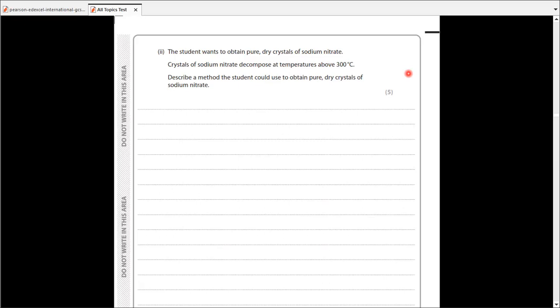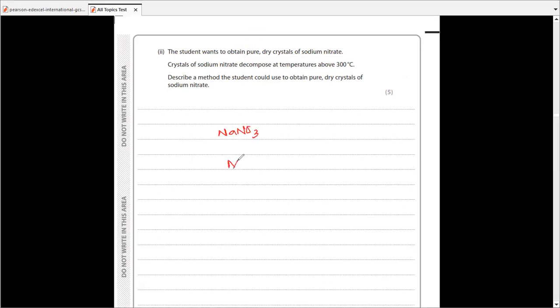Remember, you wash the crystals for a substance which is a hydrated salt, which has water as a part of its formula. For example, this is a simple sodium nitrate.